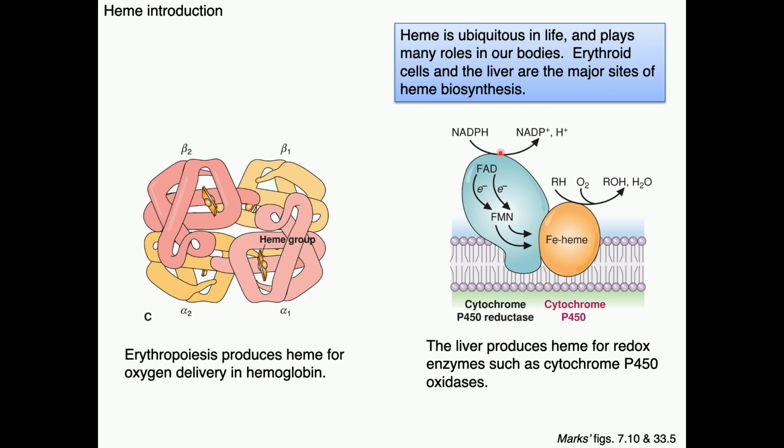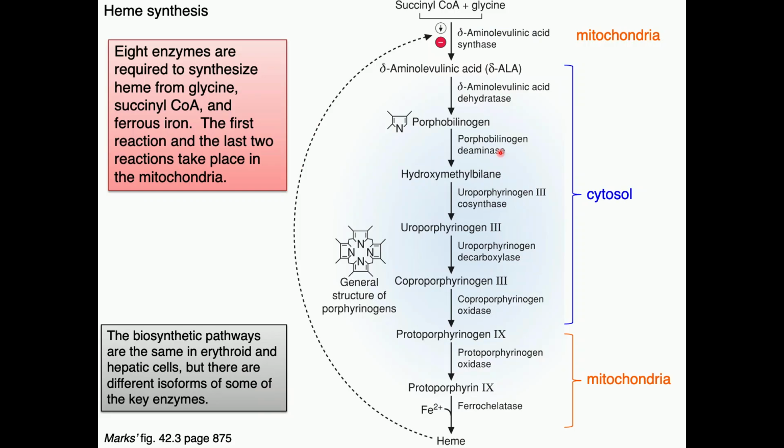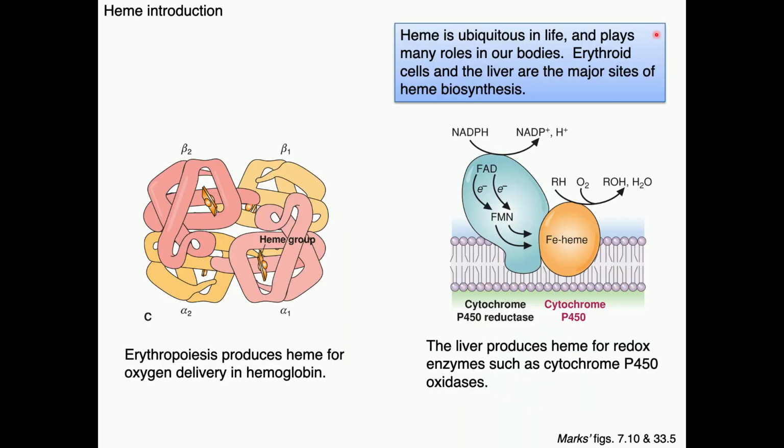And each of the monomers of hemoglobin can bind 1 heme, and then that results in 4 oxygen binding sites for any 1 molecule of hemoglobin. Oh yeah, and the major sites of heme synthesis are erythroid precursor cells in the bone marrow, supporting erythroid cells of course, and then the liver also makes heme to support the other diverse functions of heme within our body.